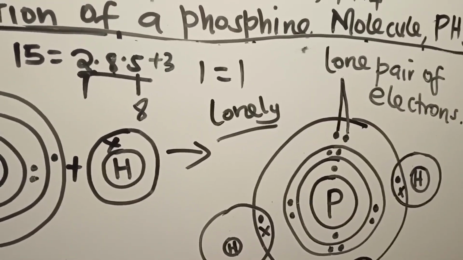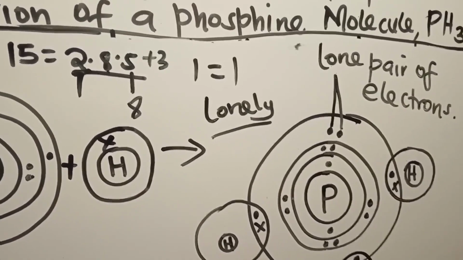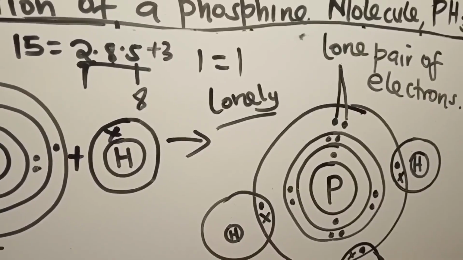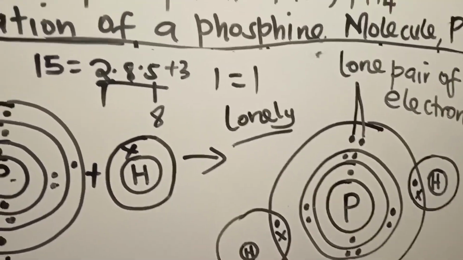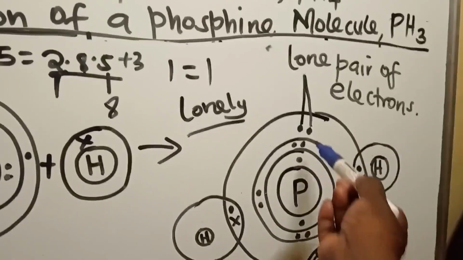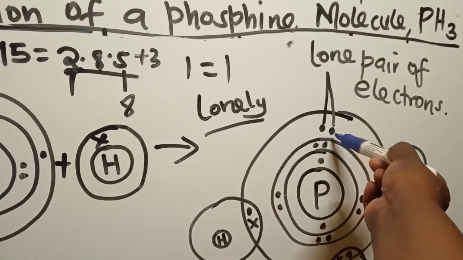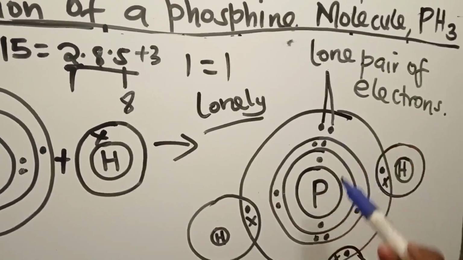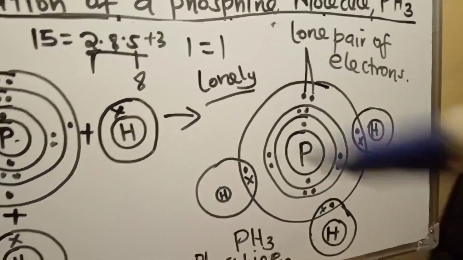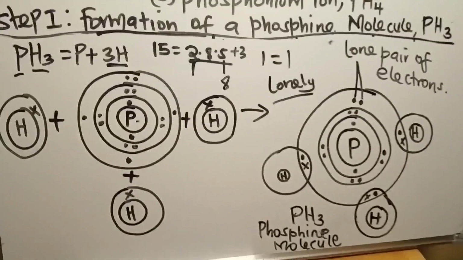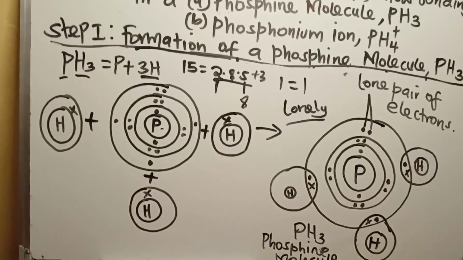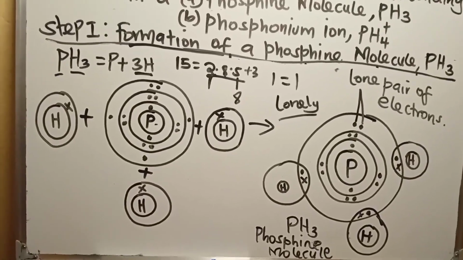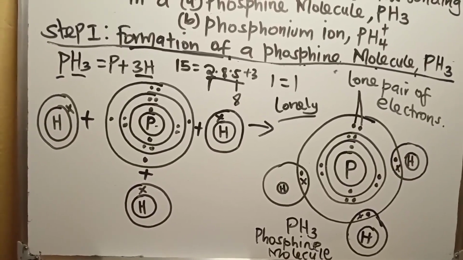That is a pair of electrons that is unshared, that is not yet used for bonding. And actually, when we'll be forming a phosphonium ion, this is the lone pair of electrons that will be assisting us in the bonding. So that is how we have the formation of a phosphine molecule.